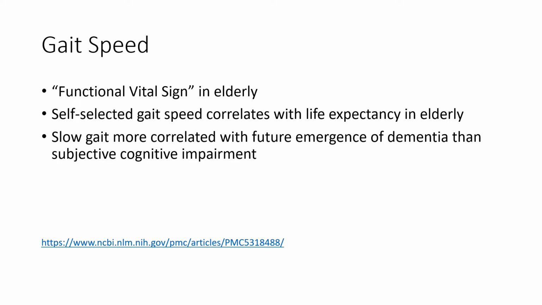Again, try to find out why they're having the slower gait. Is it that they just have the psychological issues that we need to work through, or is it something else that environmentally we can work through? Maybe it's a strength issue or a range of motion issue that we can help, those physiological factors. But gait speed is very important to make sure that we're analyzing that.